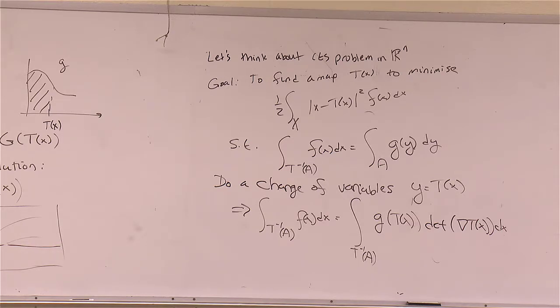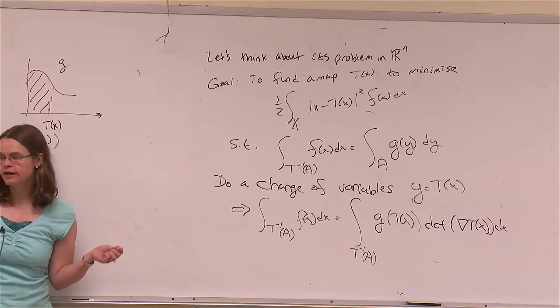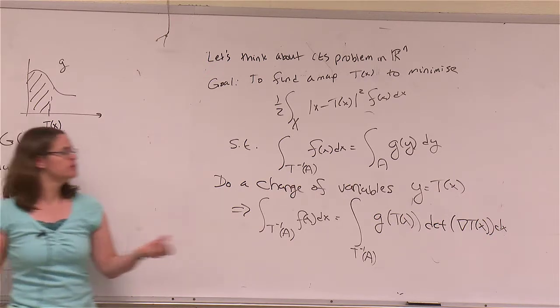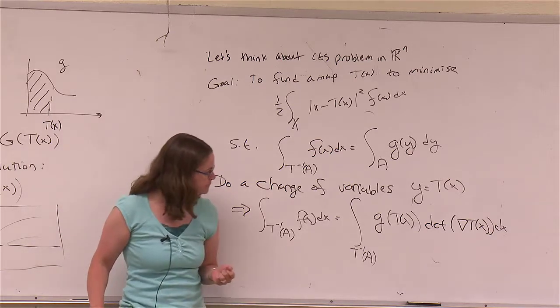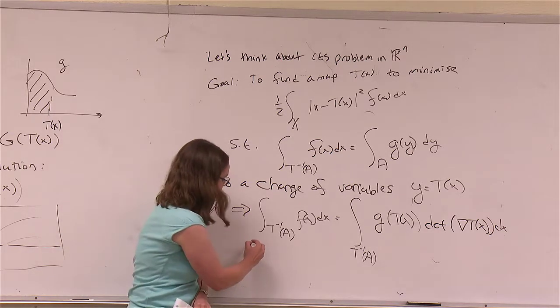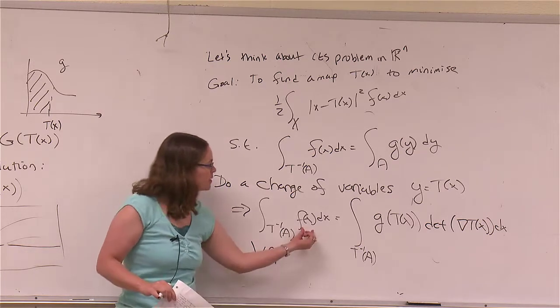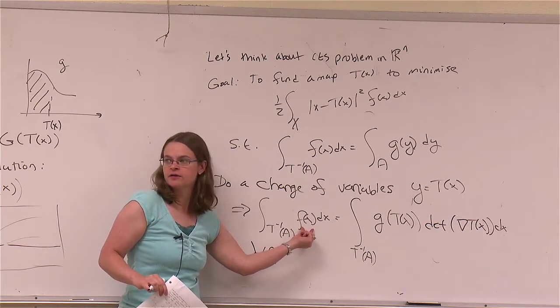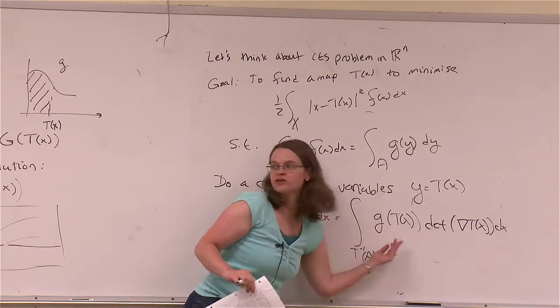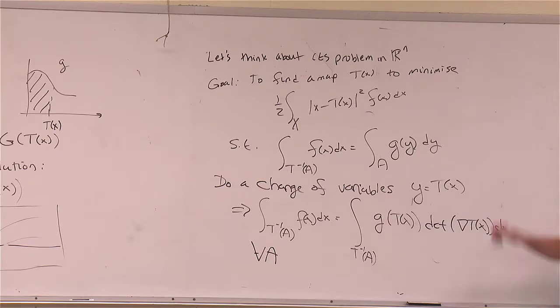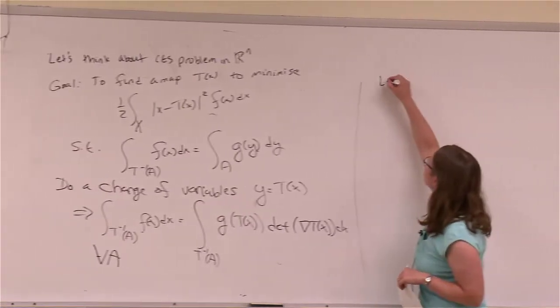And this should work no matter what set A is, right? A could be any set that lives in my domain, any nice set, and this should work. So that means, at the end of the day, since this is true for all A, what I really expect is that this function here is equal to this integrand over here.